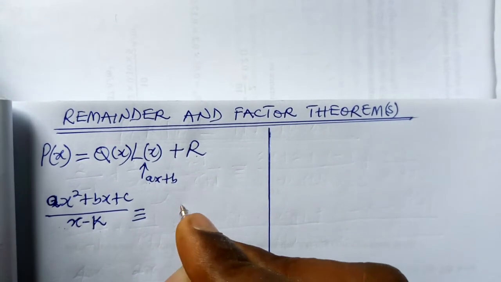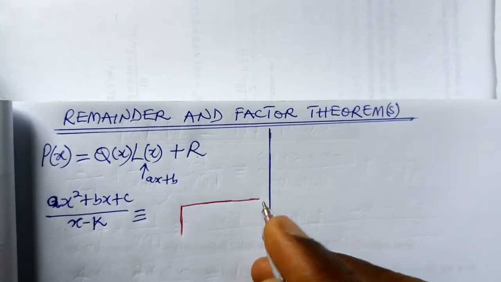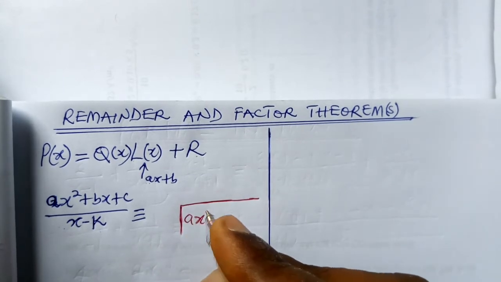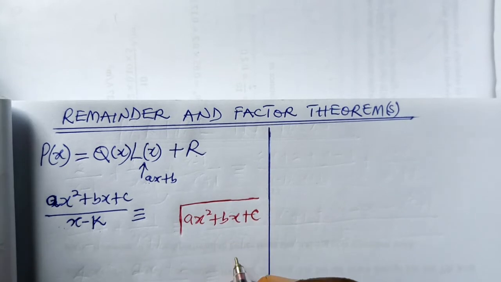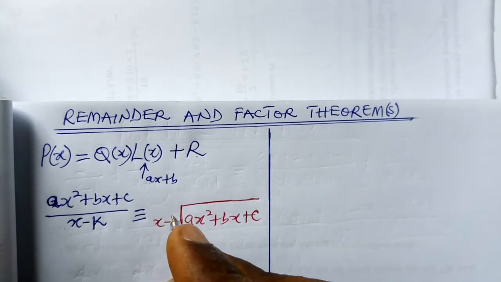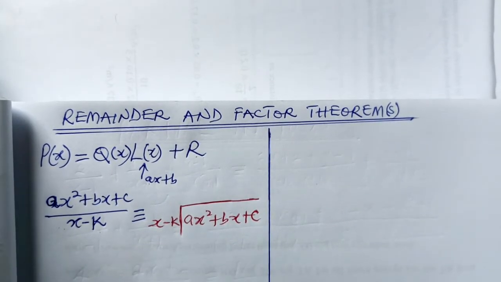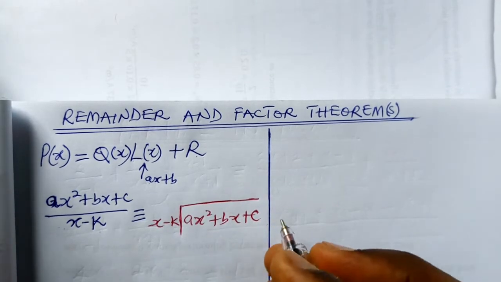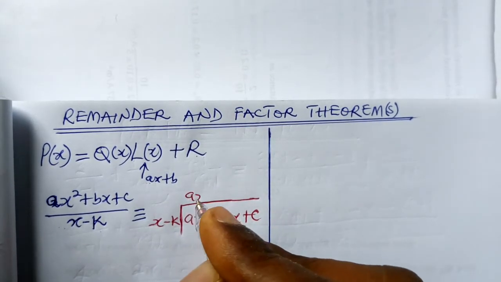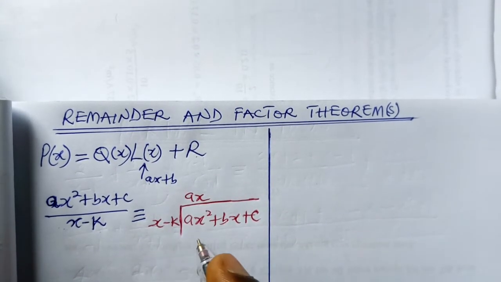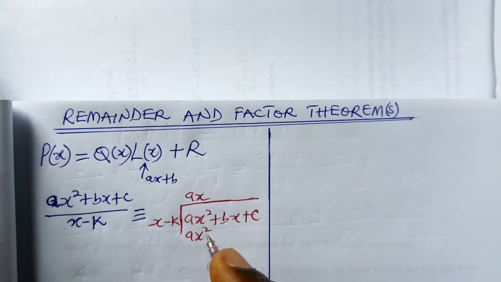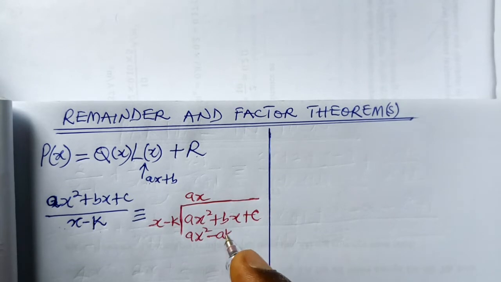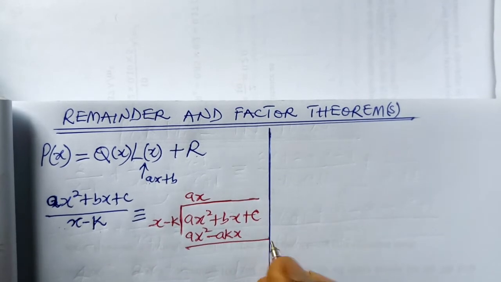So let me put it in red, so that we have ax squared plus bx plus c divided by x minus k. The first thing that will go there is ax, so this times this will give us ax squared, and this times this will give us minus akx, so this and this will cancel.